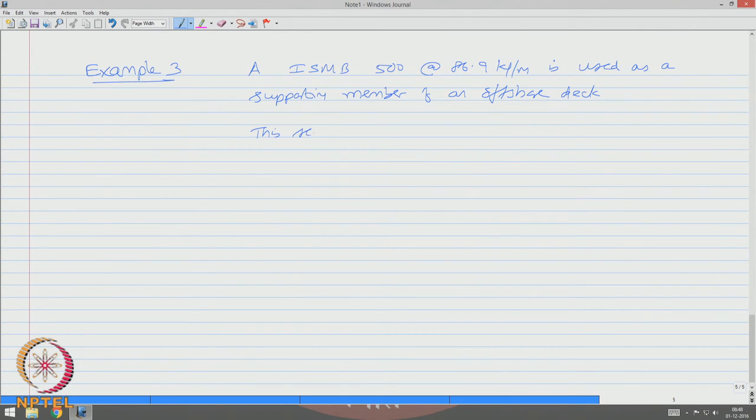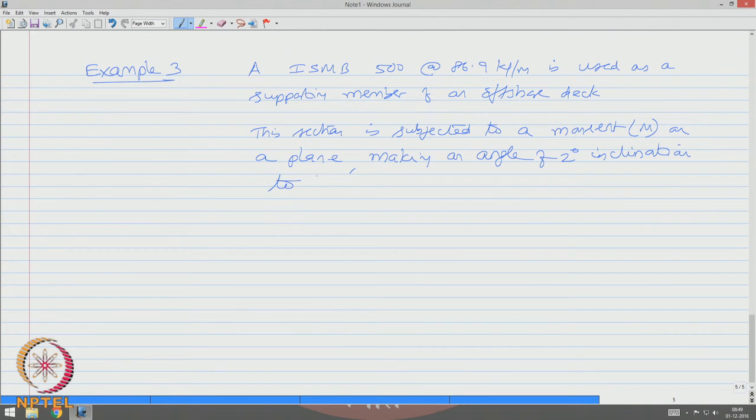This section is subjected to a moment M on a plane which is not matching with the axis of symmetry, but making an angle of 2 degrees inclination to the vertical plane of symmetry.